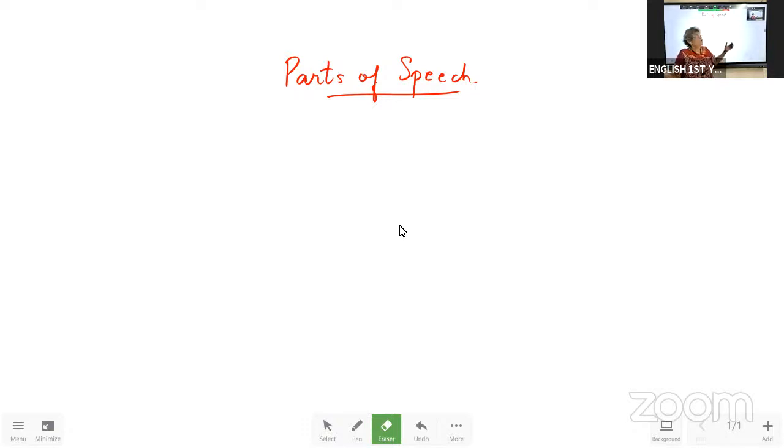Common, something which is in common. When I say get me a book, it can be any book. Book, pen, pencil, desk, blackboard, fan, light, all these are common things.